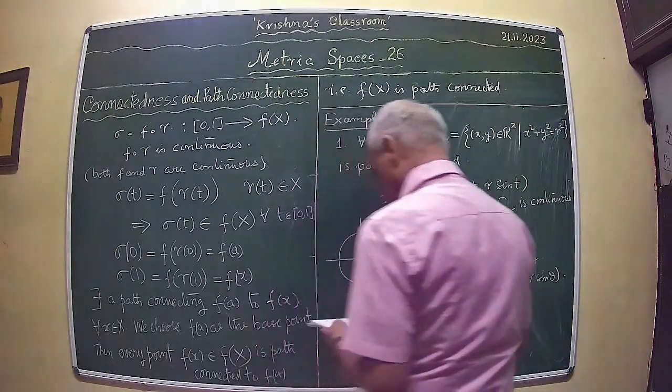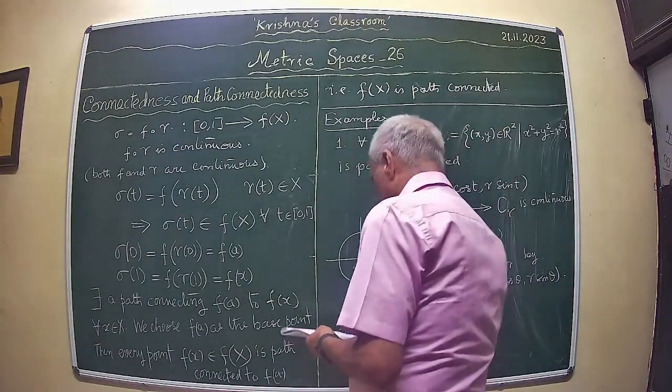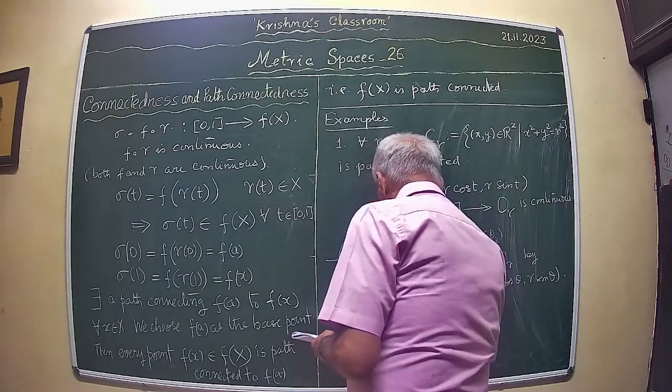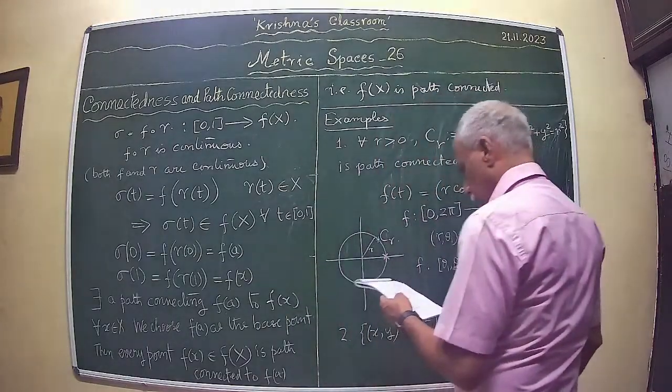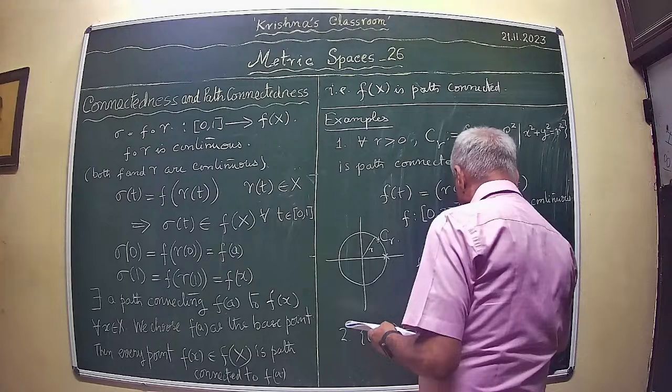Second example: the set of (x, y) belonging to R2 such that x greater than or equal to 0 and x square minus y square equal to 1.